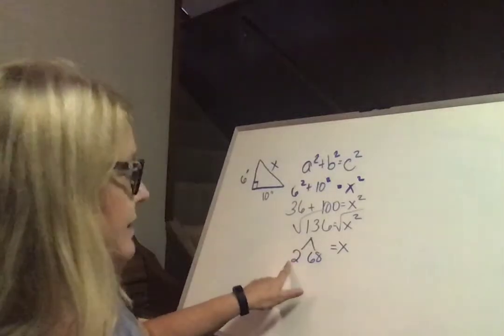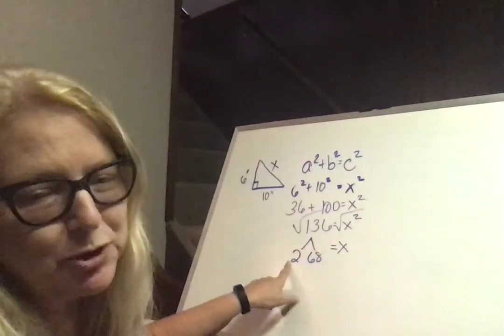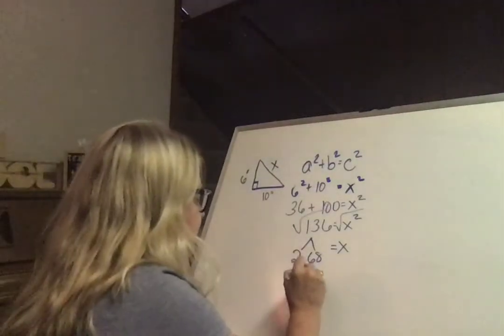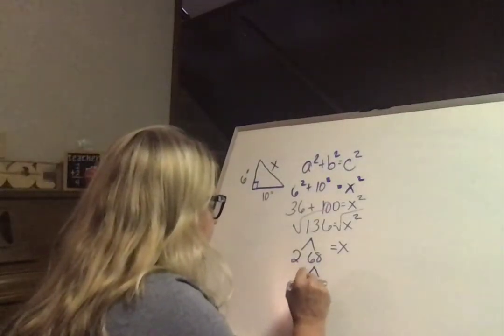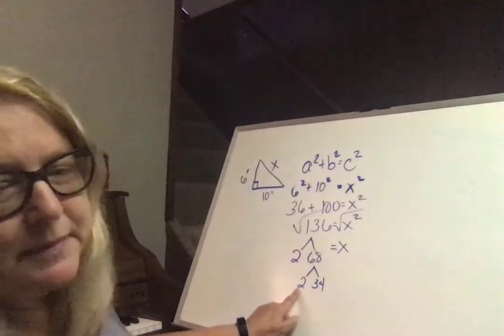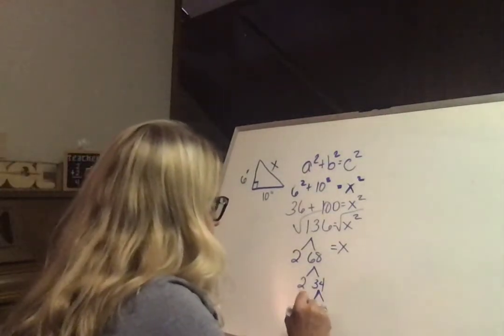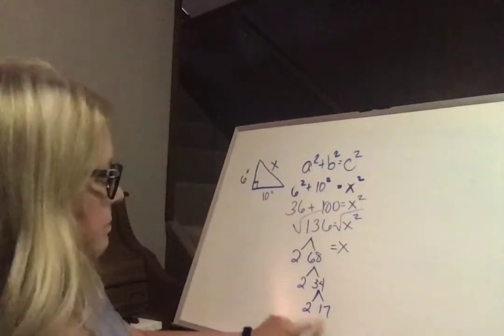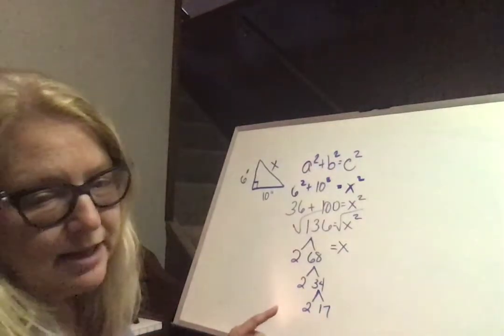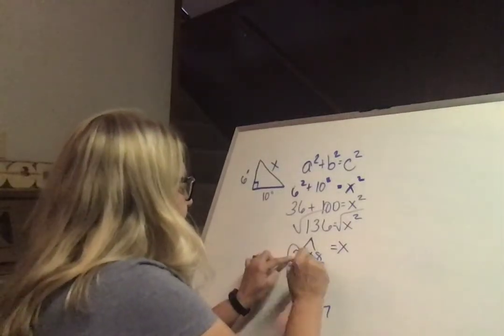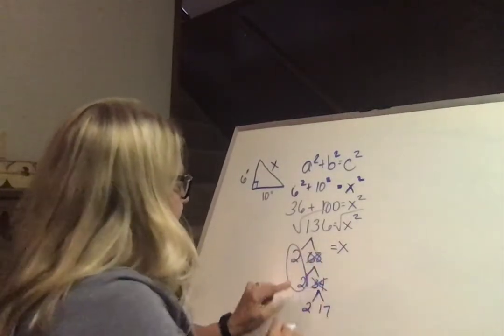Okay, this is a prime. We're making a prime tree. 68 is an even number. Prime. This isn't a prime, but it's an even number. Prime, prime. Okay, they taught you last year, you circle pairs. Get rid of the ones next to it.